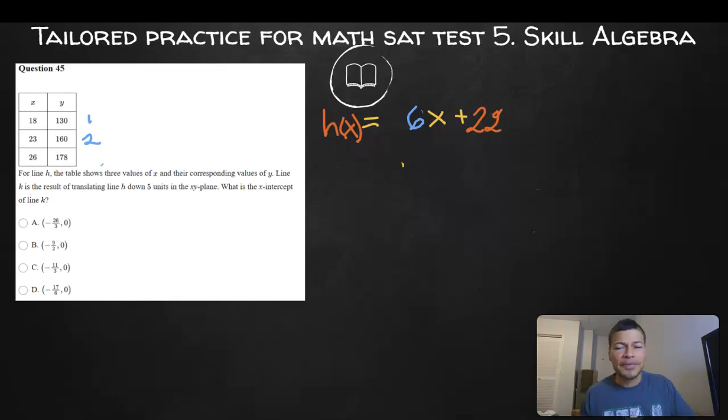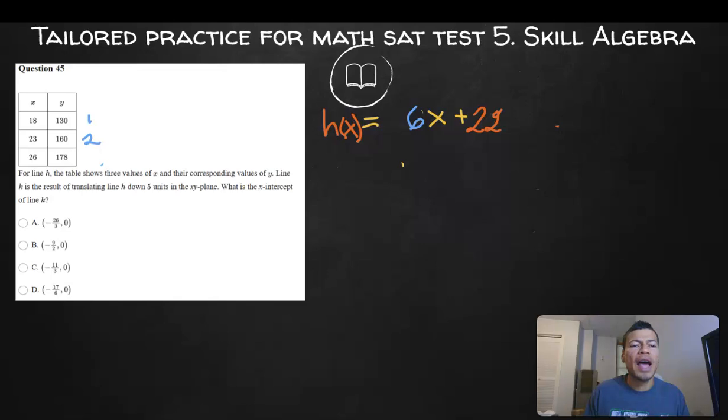Because we want the function to come down 5 units, we are going to subtract 5. If we translate the function up or down, we are going to add or subtract. If we are translating down, we subtract. If we are translating up, we add to the function.